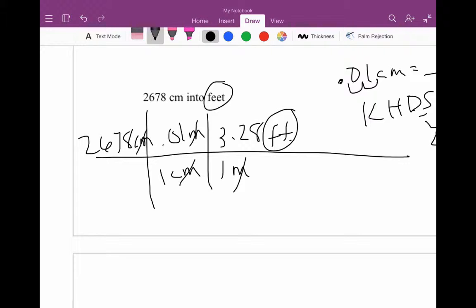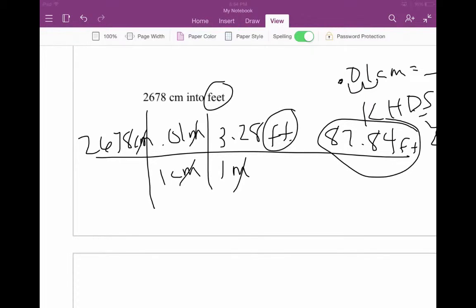I think I've done this wrong, sorry. Clear, 2678 times 0.01 times 3.28 equals 87.84 divided by 1, so we have 87.84 feet is equal to 2,678 centimeters.